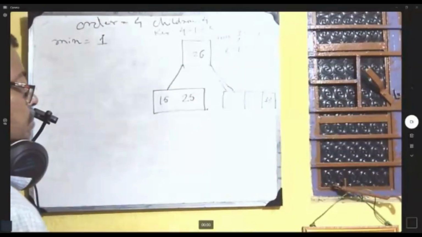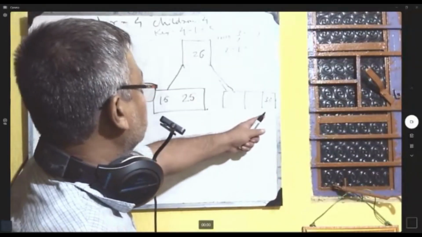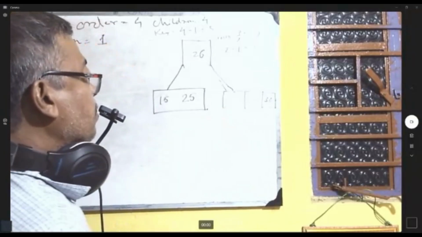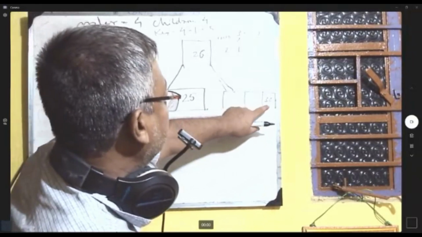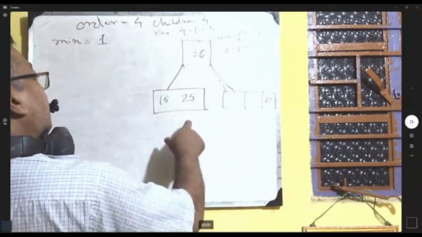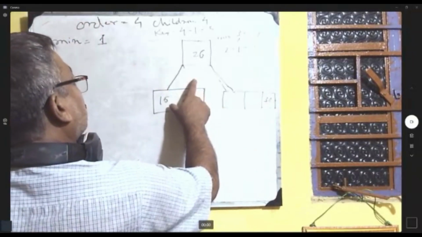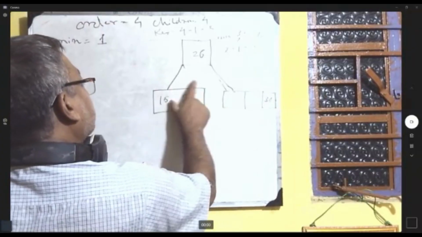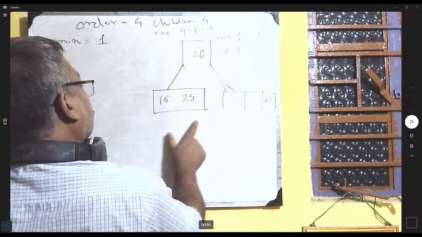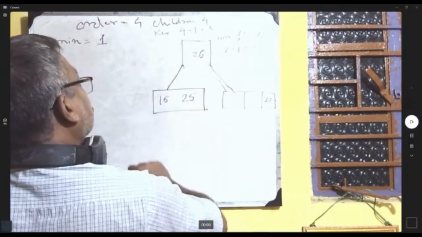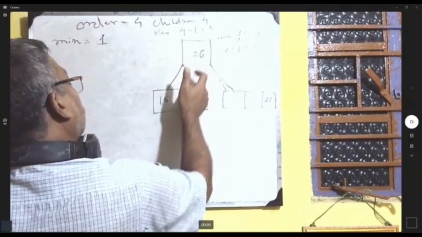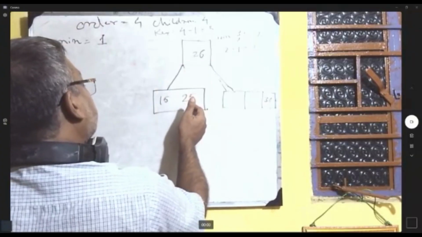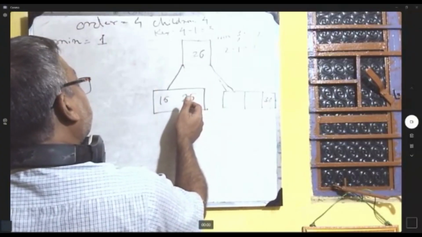Simply it is not possible because there would be no keys and it is violating the B-tree minimum condition. So before deleting 30, we have to arrange another key from the left node, because we are showing two keys there. Two keys still exist there. So 26 will take from 25, because it is the immediate left node.